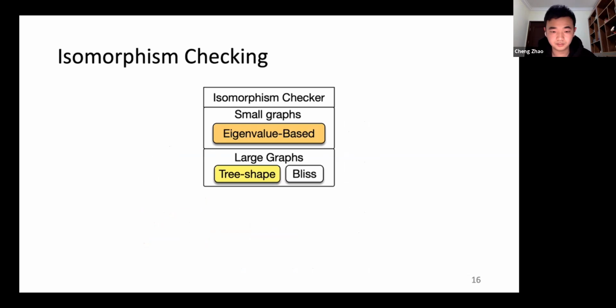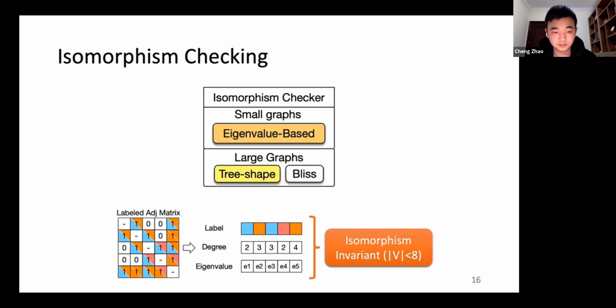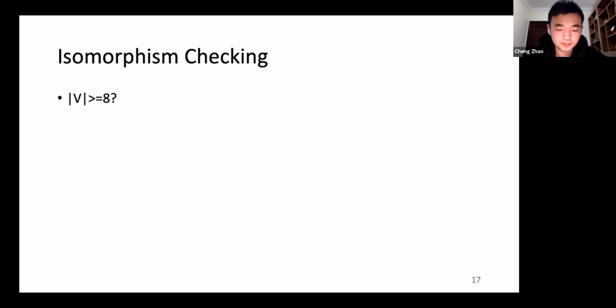Kaleido designed a lightweight isomorphism checker for small graphs: build a labeled adjacency matrix and calculate its eigenvalues. Then the isomorphism is determined by the combination of the label array, the degree array, and the eigenvalue array. This applies to small graphs, as we proved in our paper.